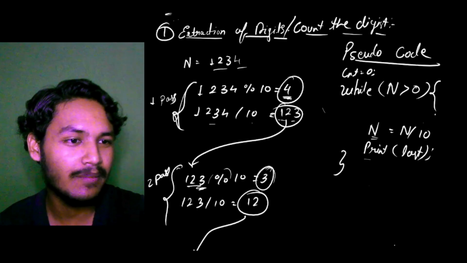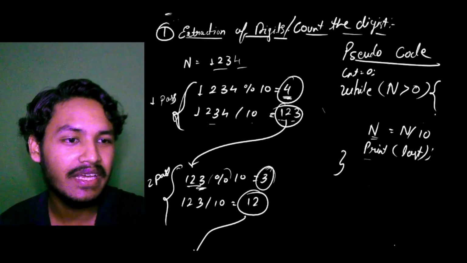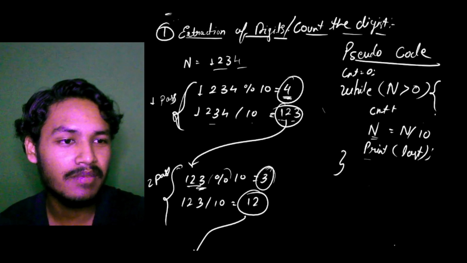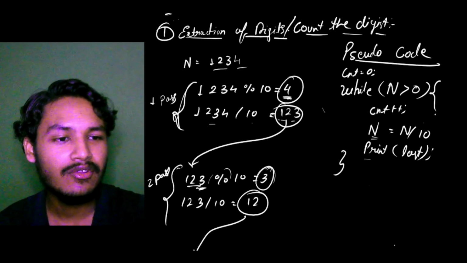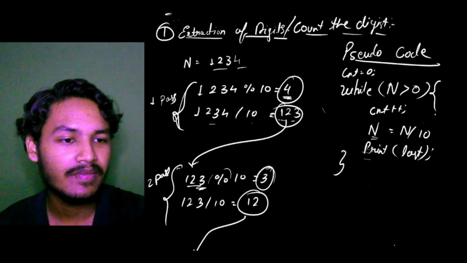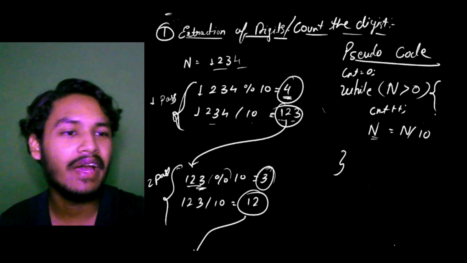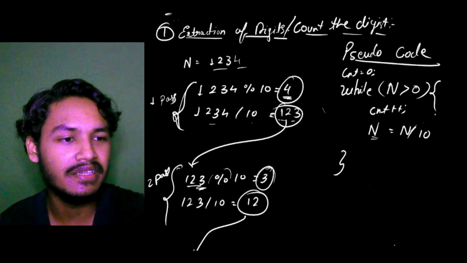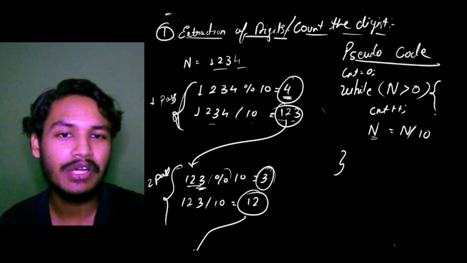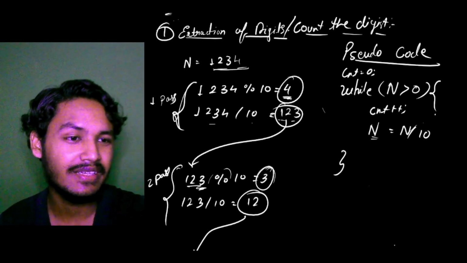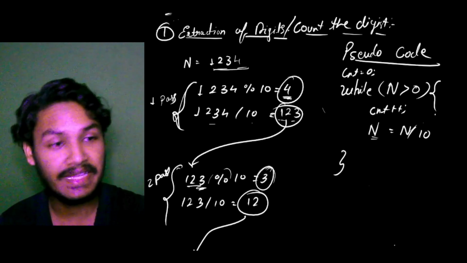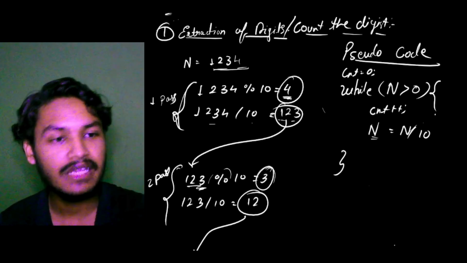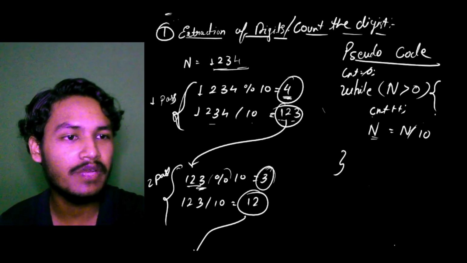You just have to increment the count with count plus plus, and you don't need to print anything here. So we are just incrementing the count, and then we are dividing the number. 1234 is the input, and this input is greater than 0, so we increment the count, so the count will be 1.